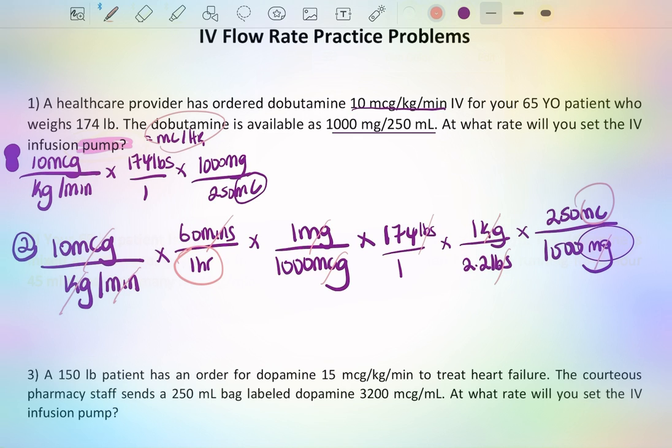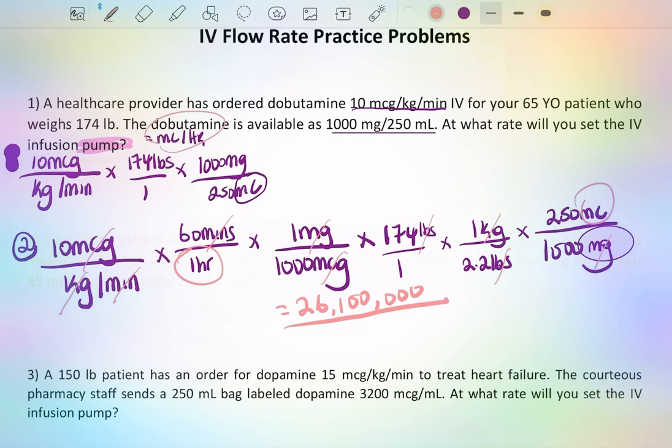Now, what we're going to do next is cross multiply. So we're going to say 10 times 60 times 174 times 250 will give us 26,100,000.